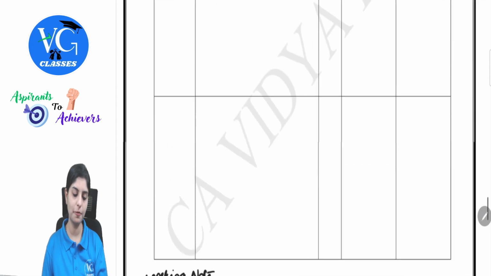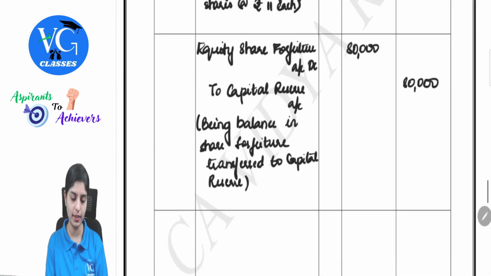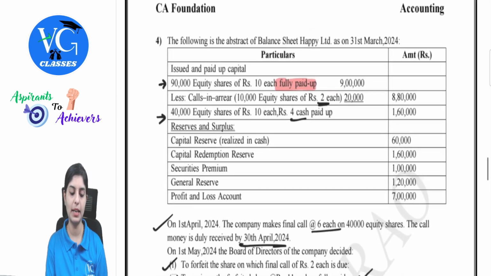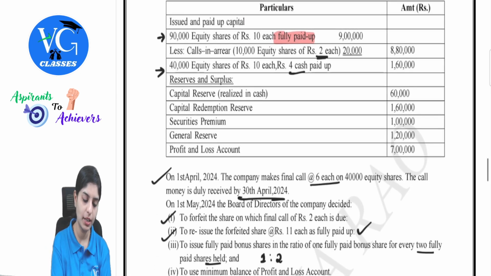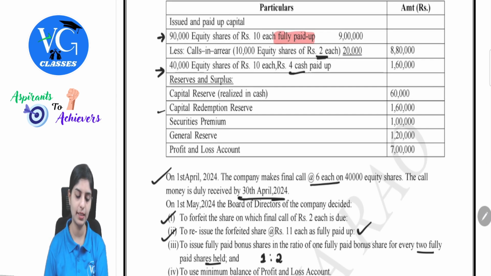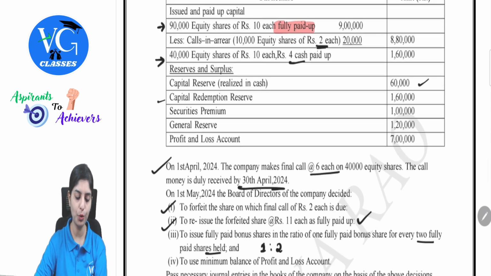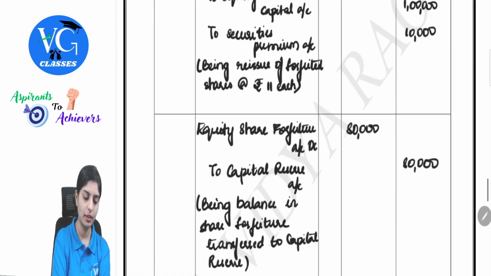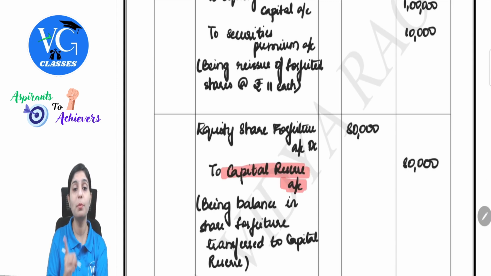Now we have to observe very carefully what here is. There are various reserve balances given. First priority is capital redemption reserve, 1,60,000. Coming to capital reserve, there is already an existing balance of 60. One important point you have to consider is you have also transferred the share forfeiture amount to capital reserve. Don't you think this should also be taken to the bonus issue? Yes.